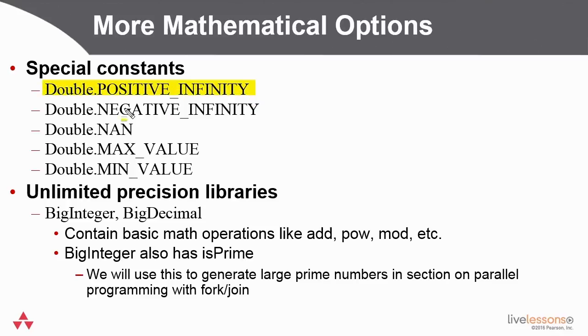If you take -3 and you divide it by 0, you get negative infinity. If you take 0 and you divide it by 0, you get NaN, not a number, which is kind of funny because in some sense it is a number because you can assign it to a double. You can look up the max value and the min value, the biggest and smallest numbers that you can represent as doubles. And those seem odd to mathematicians, but they seem ordinary to computer scientists.